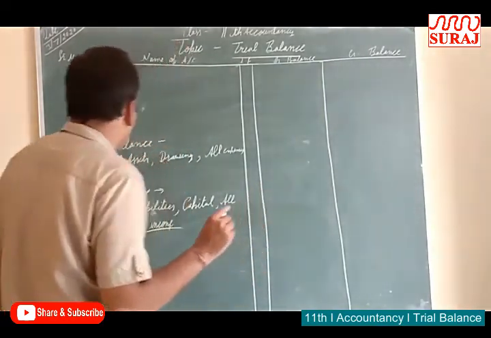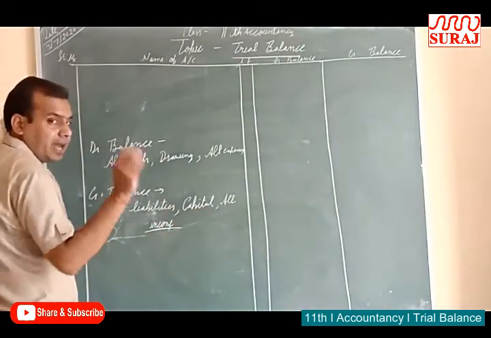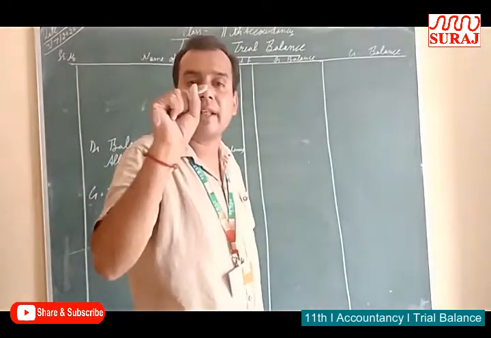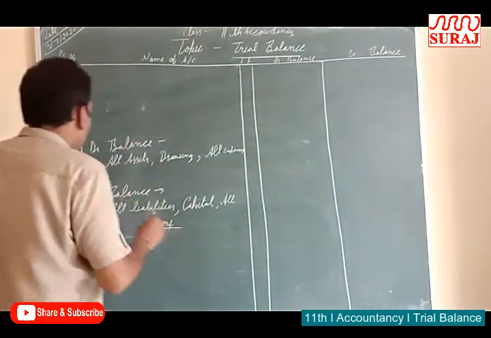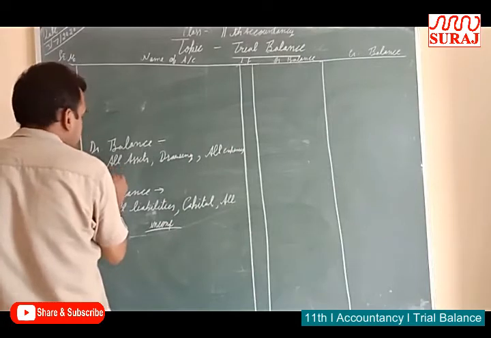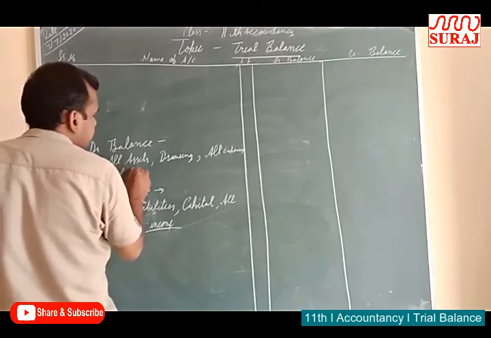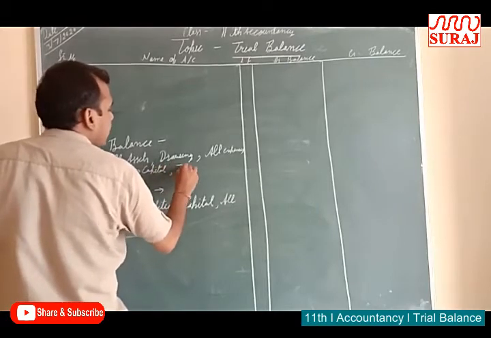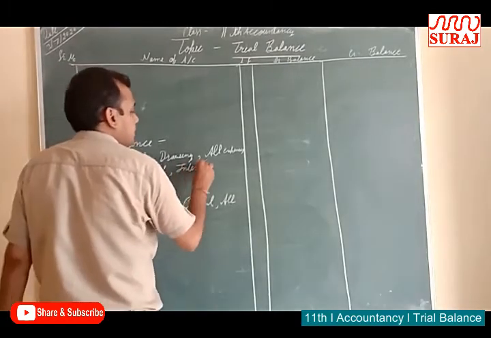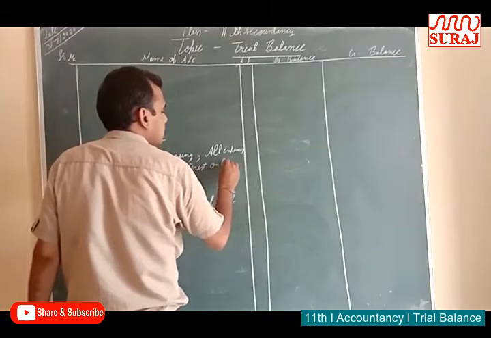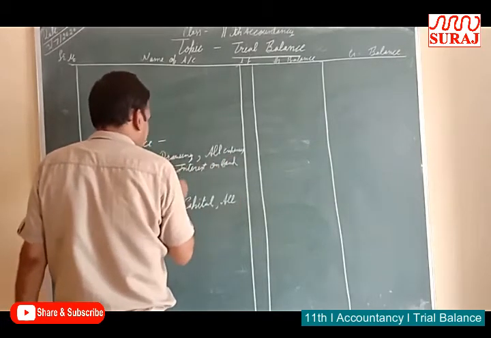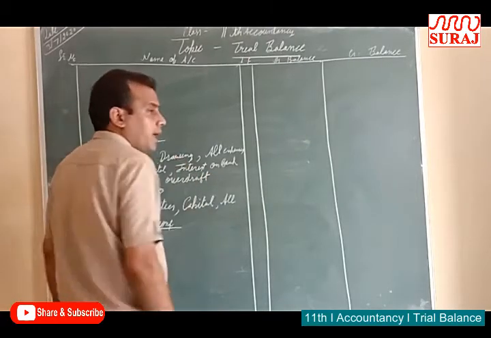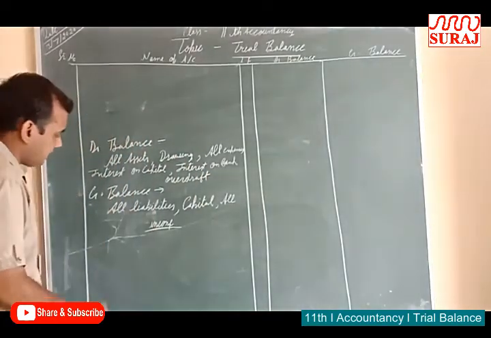Again, you should remember capital has credit balance, but interest on capital and interest on bank overdraft are expenses for the business, and expenses have debit balance.